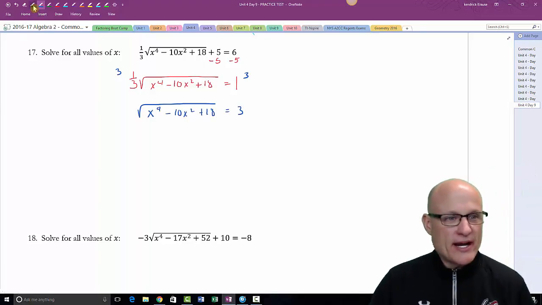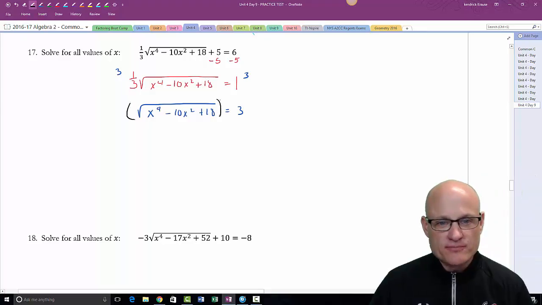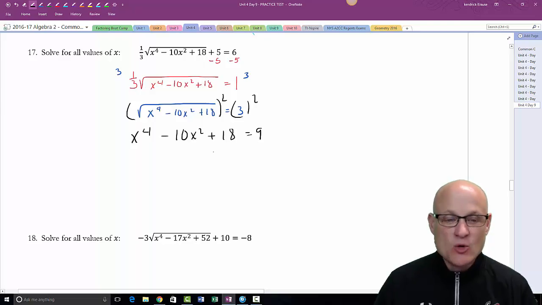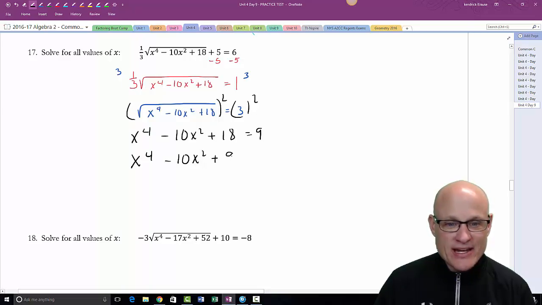To get rid of a radical, we square both sides. So hopefully I write this better. x to the 4th minus 10x squared plus 18 equals 9. We'll bring the 9 over: x to the 4th minus 10x squared plus 9.